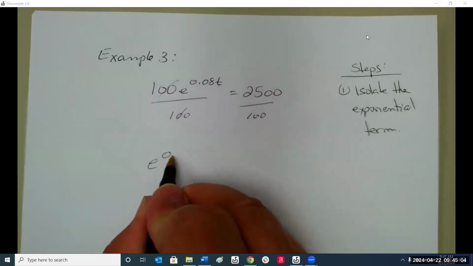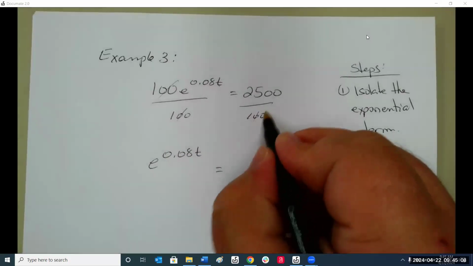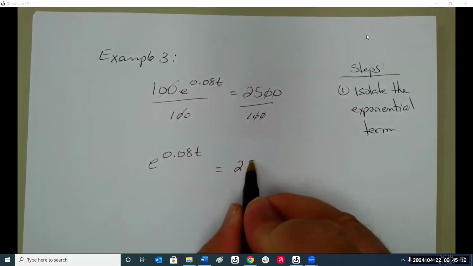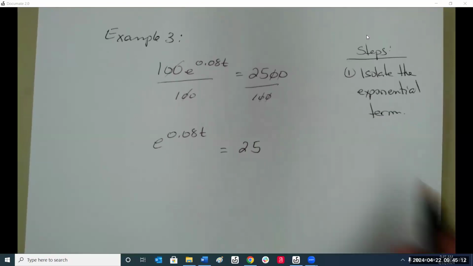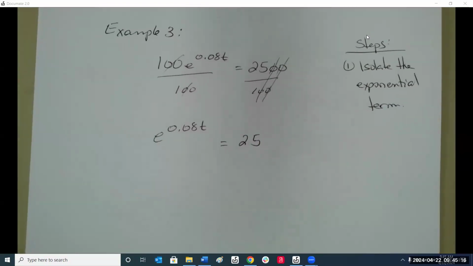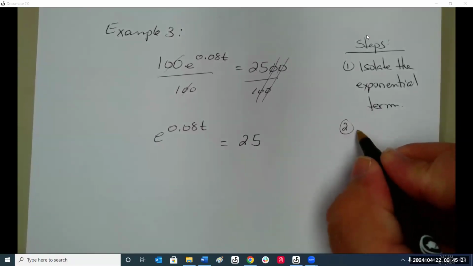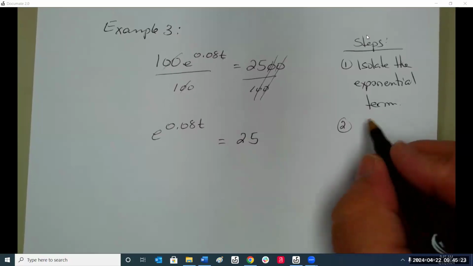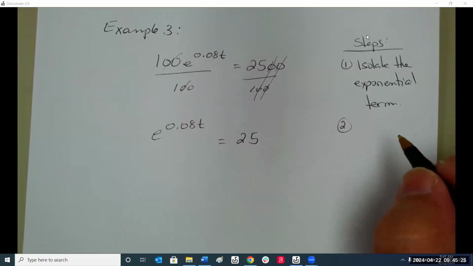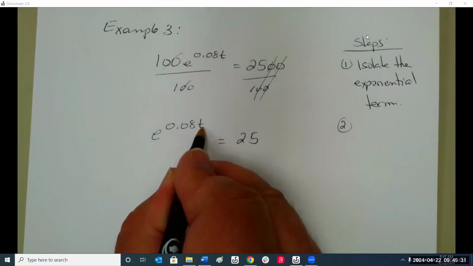That gives us e to the 0.08 t. The two zeros cancel, so we just equal 25. Second step is what? Here's our variable up here.